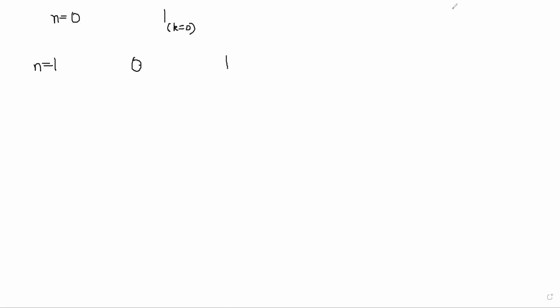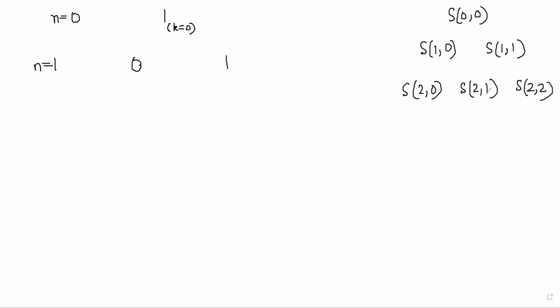So let's say S of 0 comma 0 was here, then I will put S of 1 comma 0 here, S of 1 comma 1 here, and S of 2 comma 0, S of 2 comma 1, S of 2 comma 2 here. Why am I stopping at this point? Because obviously Stirling numbers are defined only when n is greater than or equal to k, right?